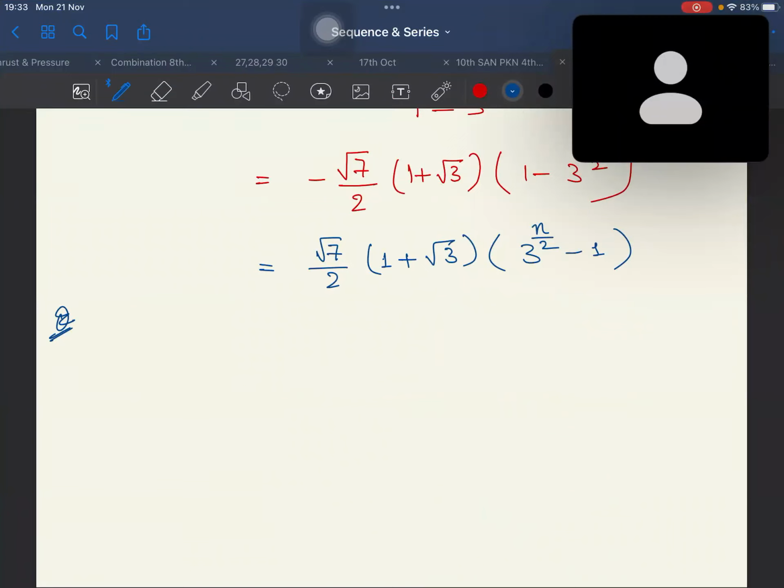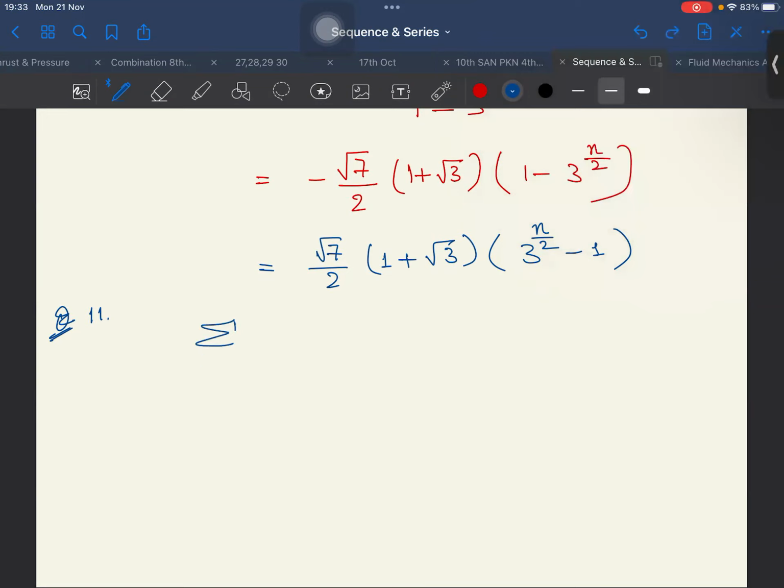Okay, solve problem number 11. It says evaluate the summation of k is equal to 1 to 11 of (2 plus 3 to the power of k). What's the meaning of this? How will you write it?